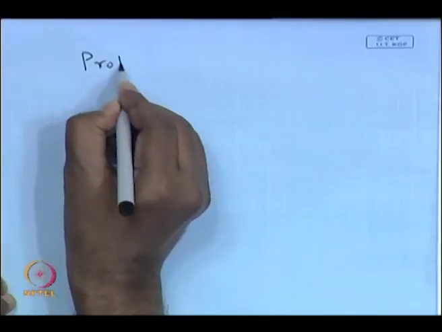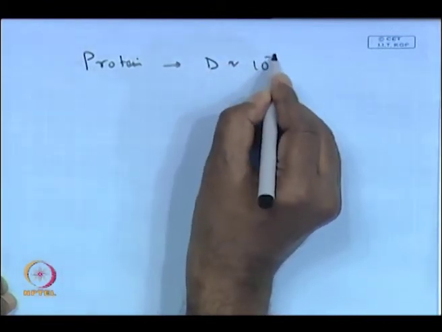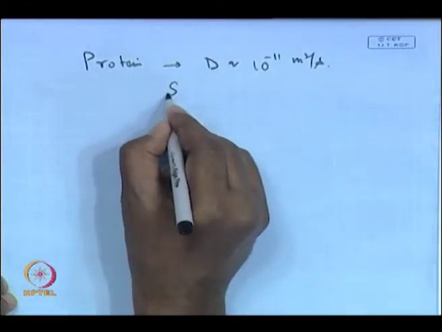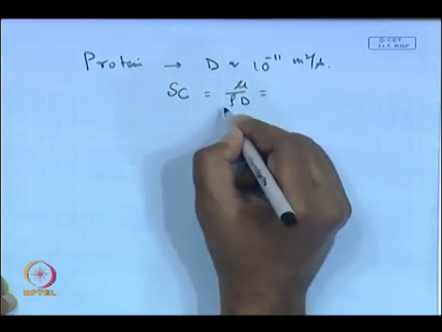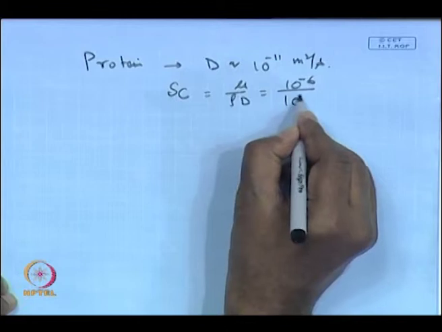Now, if you remember, we are talking about the separation of a protein. So, protein diffusivity will be in the order of 10 to the power minus 11 meters square per second. You are talking about a Schmidt number, mu by rho D; mu is 10 to the power minus 3, rho is 10 cube, so 10 to the power minus 6, and D is 10 to the minus 11.